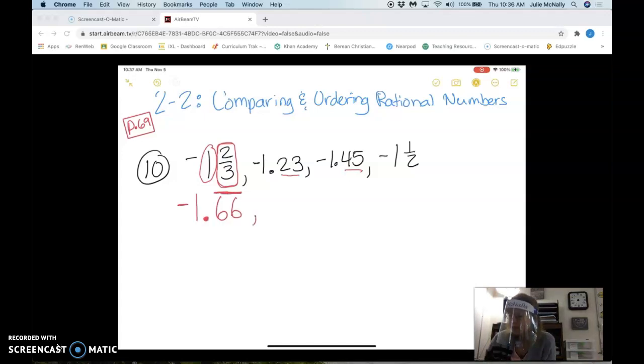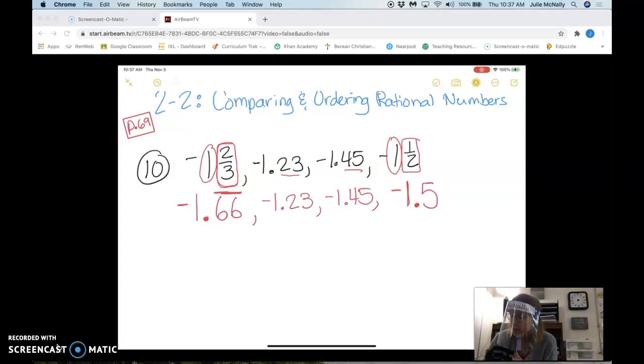Now, these guys I could just bring down because I don't have to do anything to them. They're already a decimal. Again, for 1.5, I'm going to bring down the big number, put my decimal, then divide my fraction, and that goes after the decimal. So what is 1 divided by 2? 0.5.